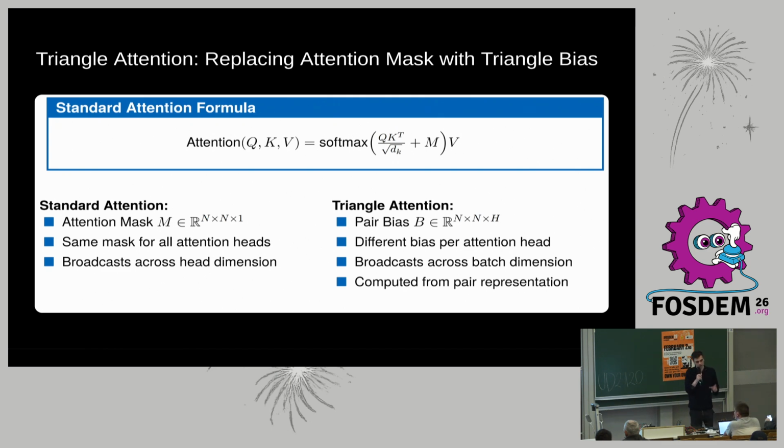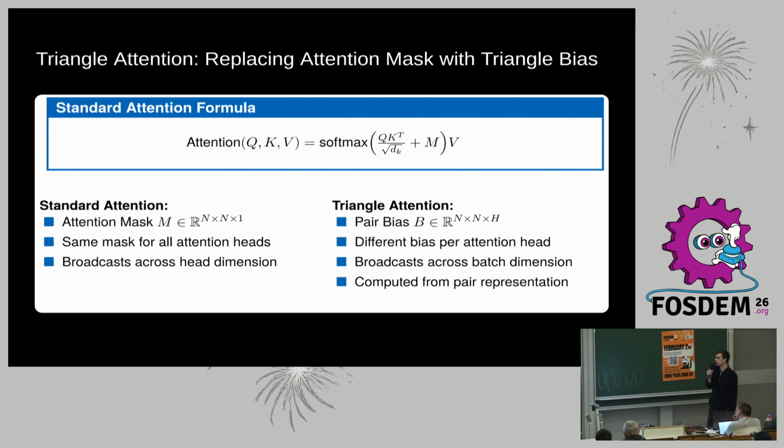And there's a small difference between the attention mask and the triangle bias. The attention mask is the same for all attention heads, so we can broadcast it across the head dimension. But the triangle bias is actually different per head, but we have to broadcast it across the batch dimension.